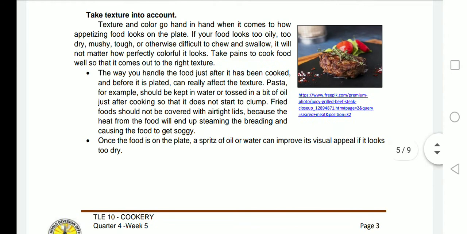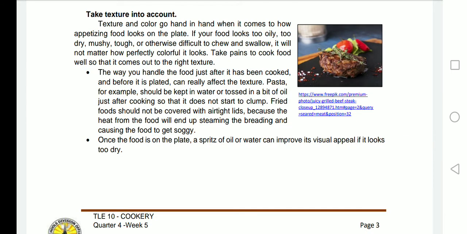The way you handle the food just after it has been cooked and before it is plated can really affect the texture. Pasta, for example, should be kept in water and tossed a bit in a little amount of oil just after cooking so that it does not start to clump.